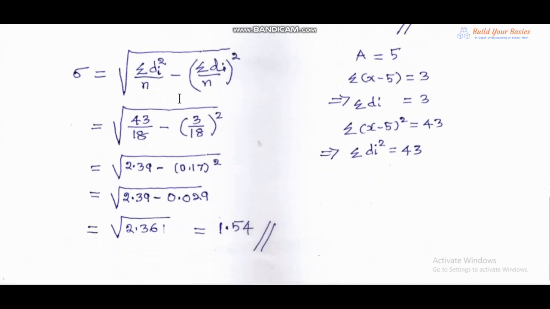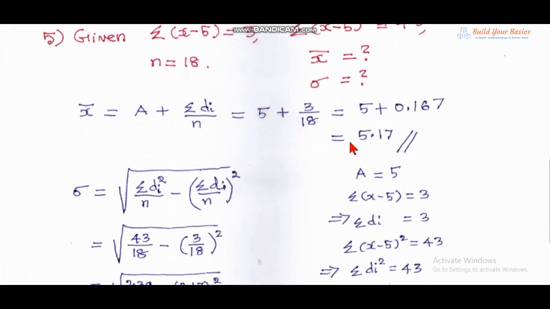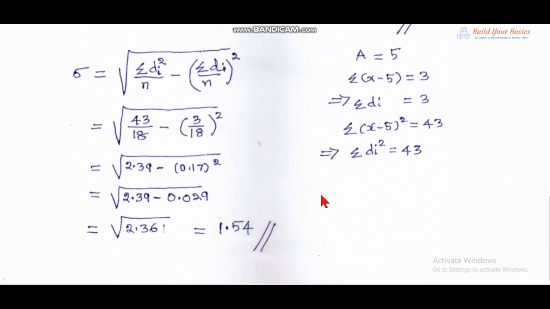That's square root of 43 by 18 minus 3 by 18 whole square, equal to square root of 2.39 minus 0.17 whole square, equal to square root of 2.39 minus 0.029, equal to square root of 2.36, and that's equal to 1.54. So we have found x bar, the mean, equal to 5.17, and standard deviation sigma equal to 1.54.